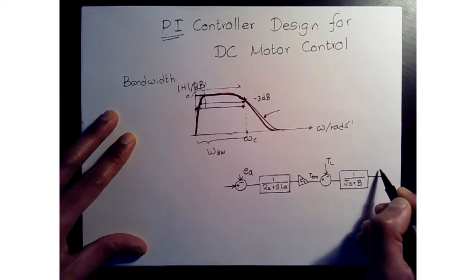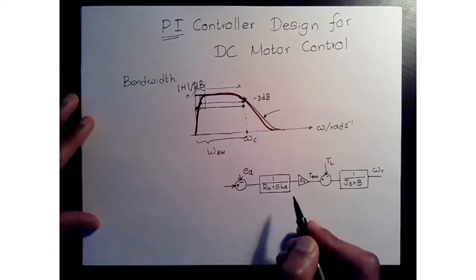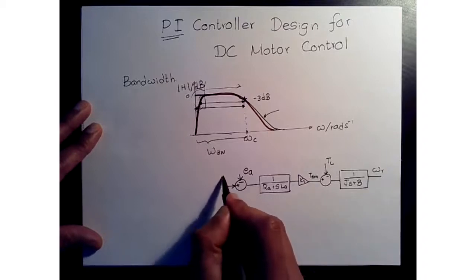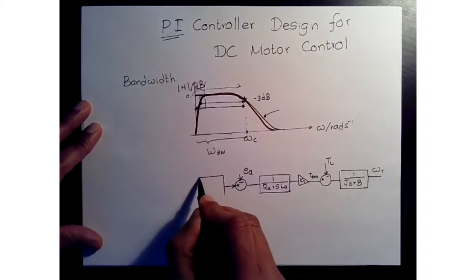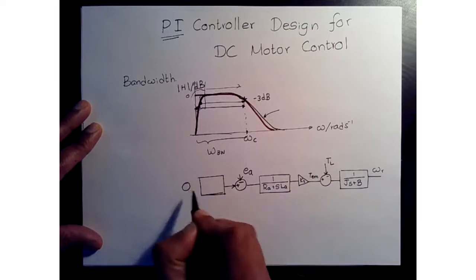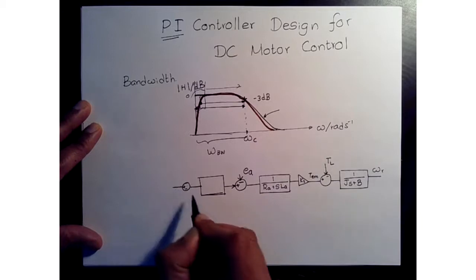And then we have omega R. Okay. Now, if we are performing a current loop, this is where our controller is going to be. And then we have our current error.